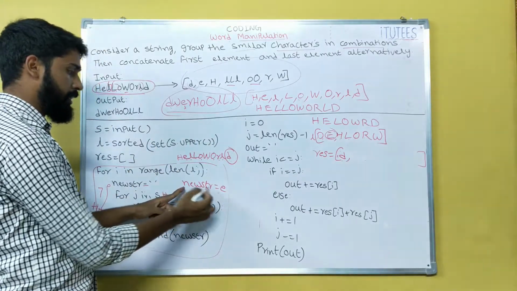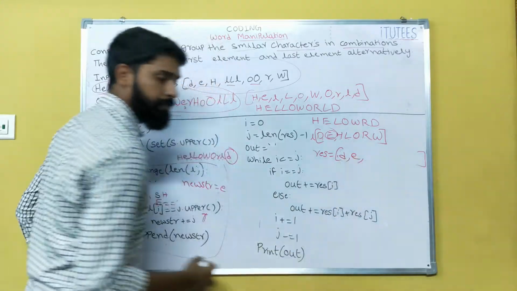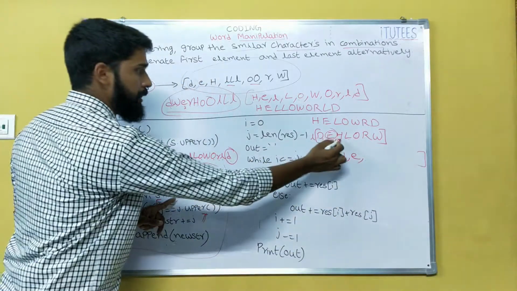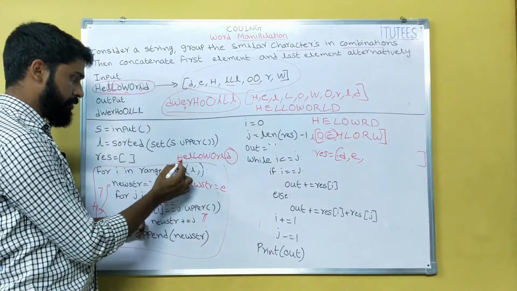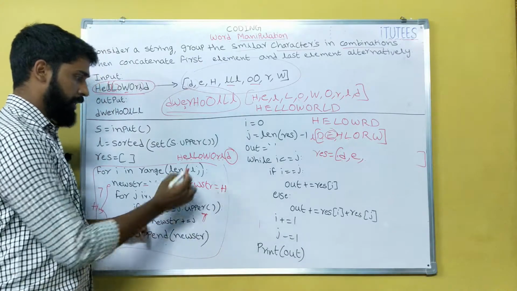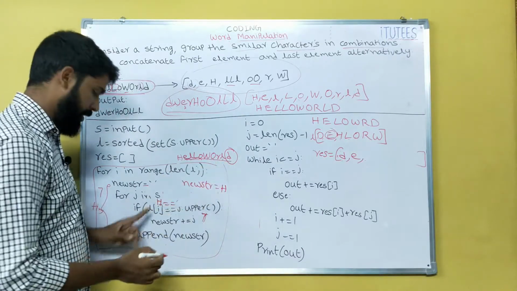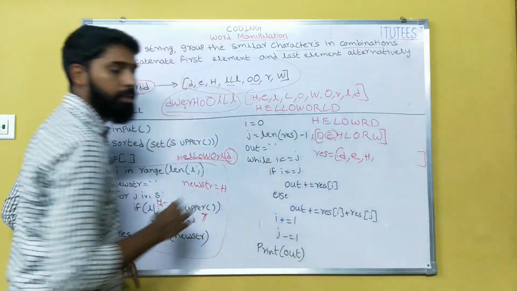That means the content in new str is E, which is appended to res. In the next iteration, it becomes H. H equals H, true, so H is appended. In all the remaining cases, false. So res dot append H.